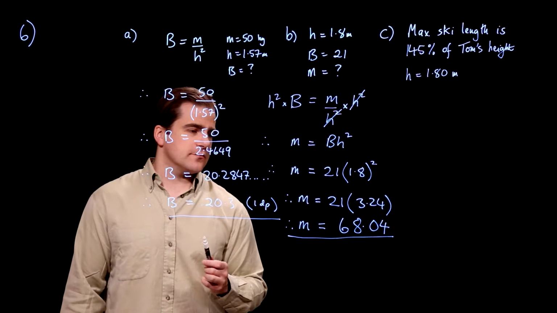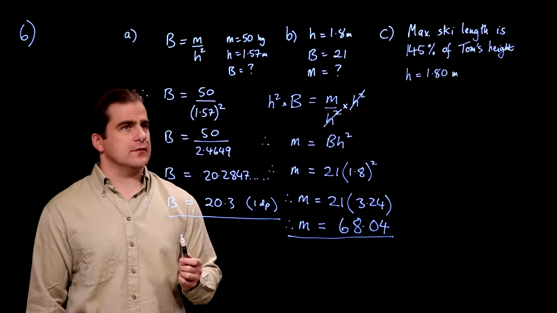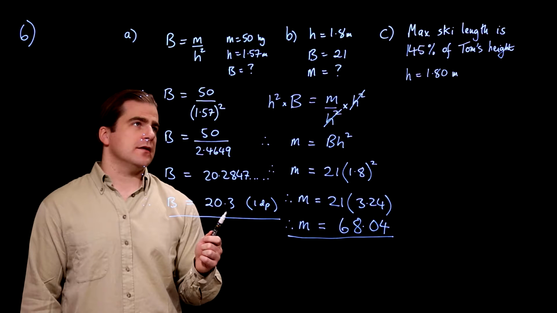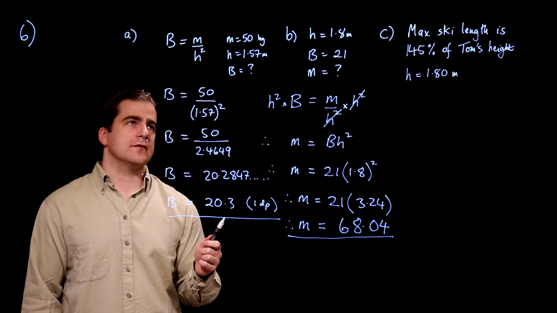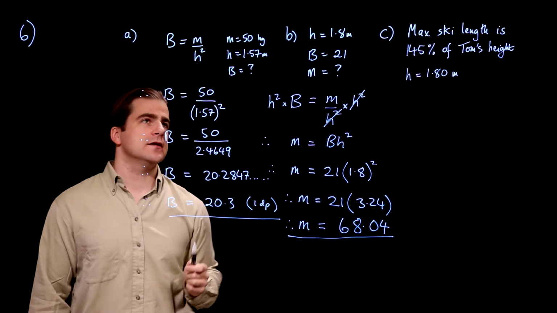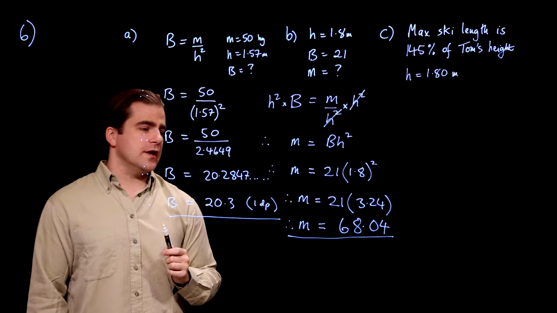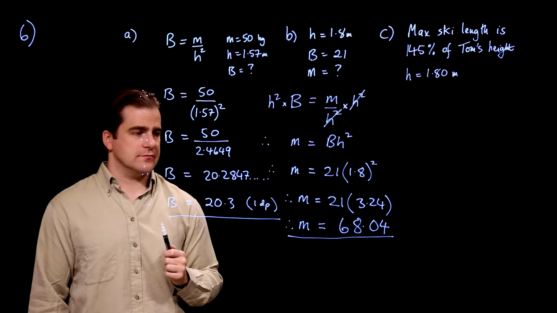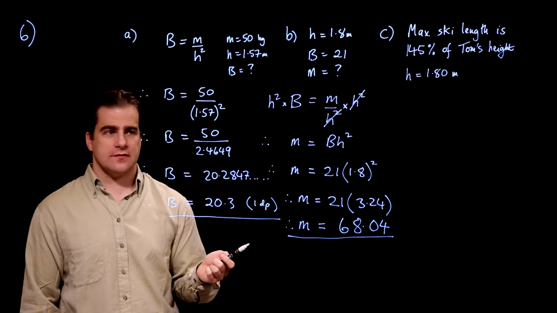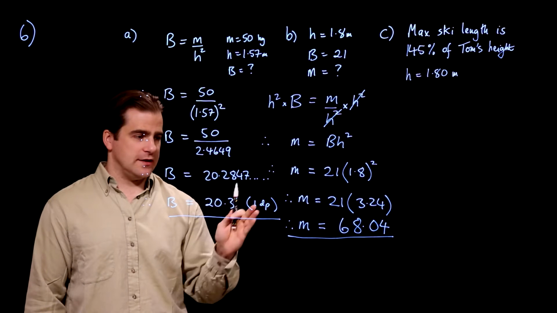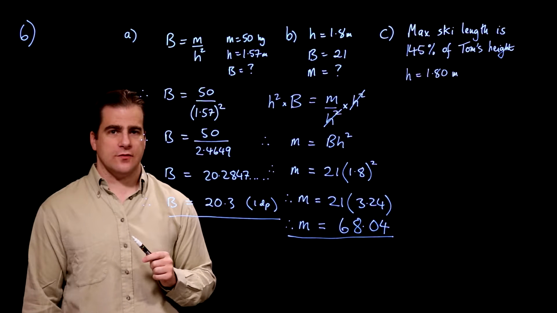In the question they didn't give us the mass to any decimal places here, so it's probably best just to leave it as it is. Because again, they haven't told us how many decimal places they want. So it's fine, just leave it at 68.04.